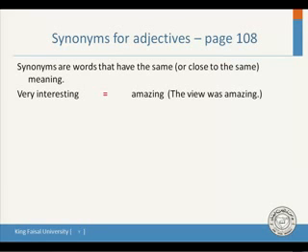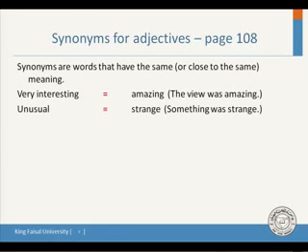This is an adjective. You remember very interesting: very is an adverb, interesting is the adjective. What does very interesting mean? It means amazing. So, very interesting and amazing have the same meaning. Look at the example. The view was amazing. The view was very interesting. Almost the same meaning.